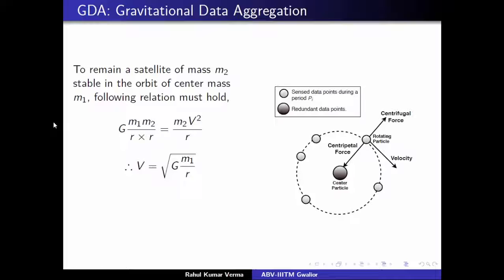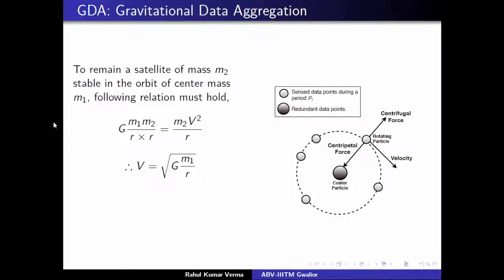This is the diagram which shows how these gravitational things work. In the center is the center particle, and our particle is rotating around it in its orbit. Two forces act upon it. The first is the centripetal force, which is nothing but the gravitational force, and the other is the centrifugal force, which helps it rotate in the orbit.